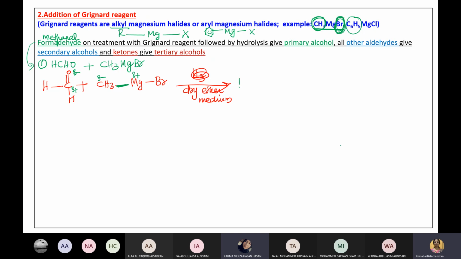H, C, here O, and to this O goes MgBr. The CH3 goes to C. Understood? Just addition. This is a nucleophilic addition reaction. Then H3O plus: the next step is hydrolysis.